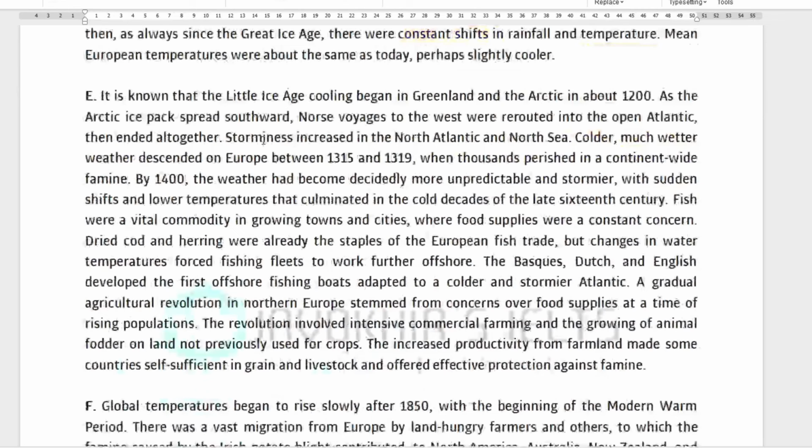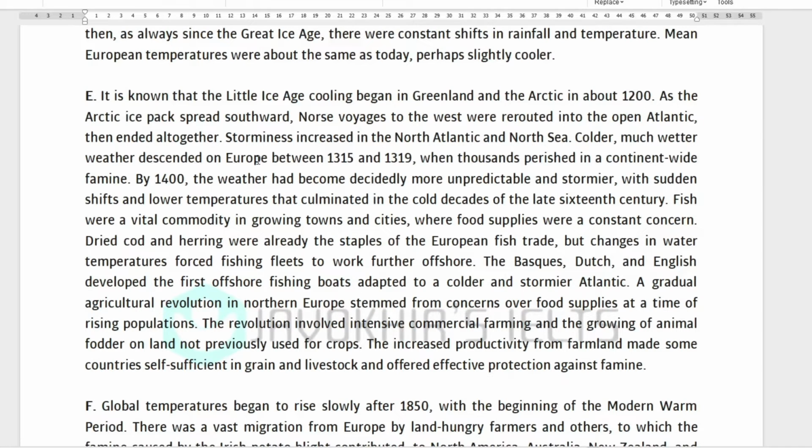Paragraph E. Alright, we have a long one. It is known that Little Ice Age cooling began in Greenland and the Arctic in about 1200. As the Arctic ice pack spread southward, Norse voyages to the west were rerouted into the open Atlantic, then ended altogether. Storminess increased in the North Atlantic and North Sea.